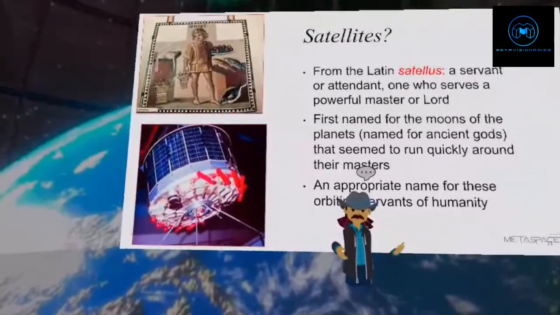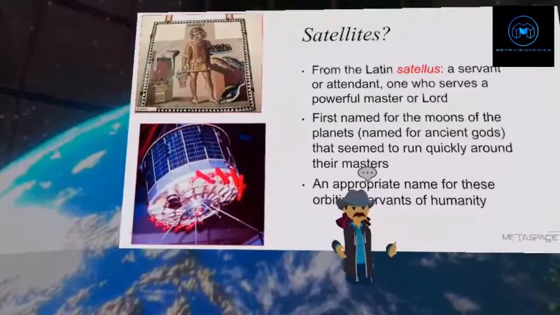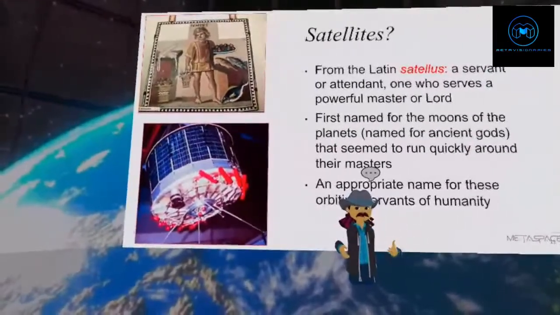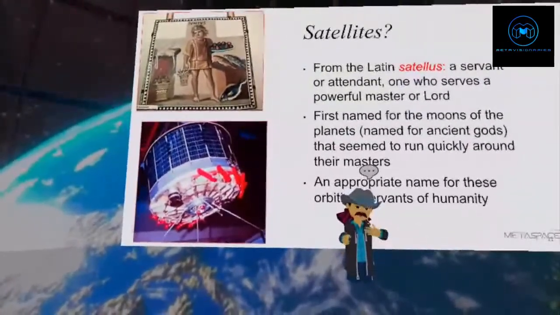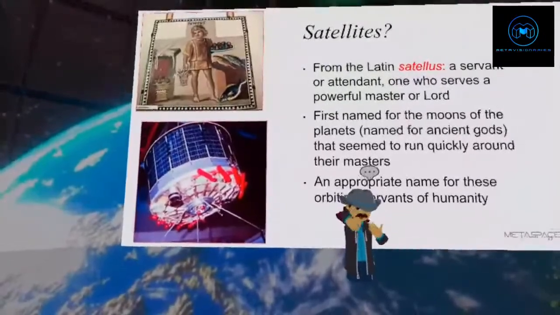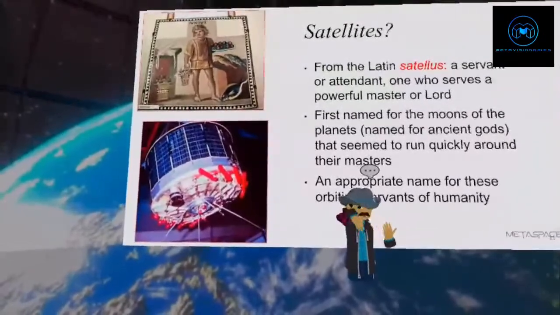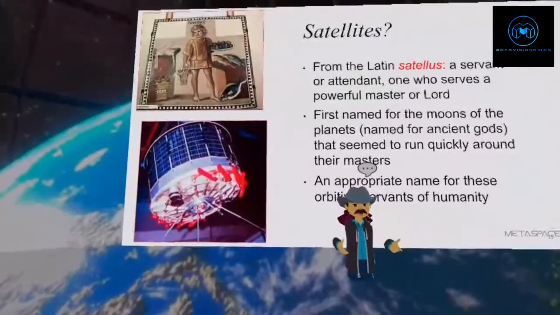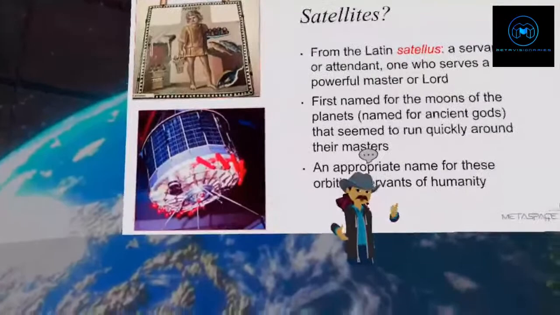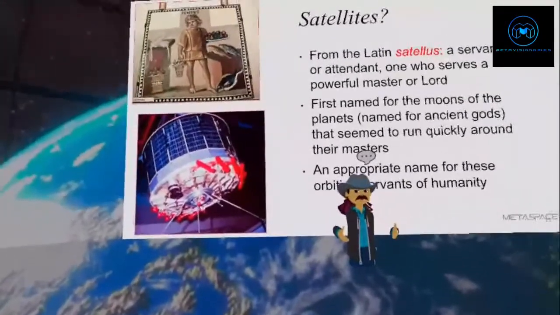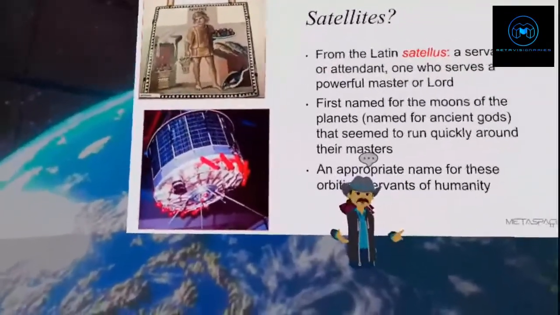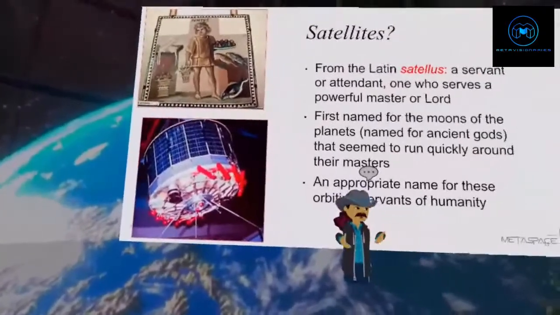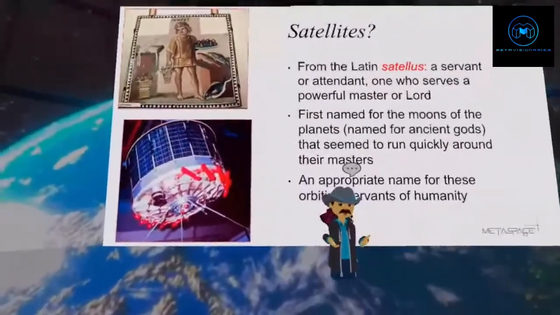And so our planets are named after the ancient Greek and Roman gods, Jupiter and Saturn. And since they discovered these little tiny things scurrying around them, the term satellites was used. All the writing back then was in Latin. And so they used the term satellites to describe what these things were.